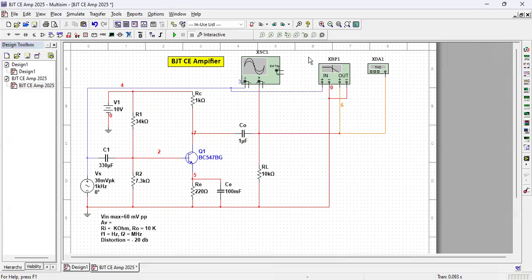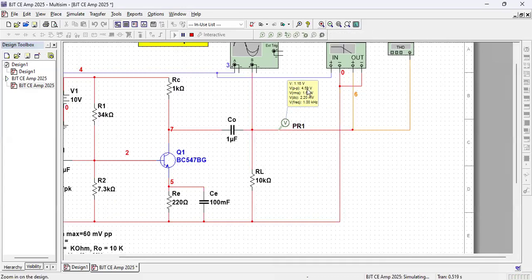And to measure the AC output, you just put a multimeter or a voltage probe here at the output. If you put a voltage probe here at the output, I think you will find it difficult to see.